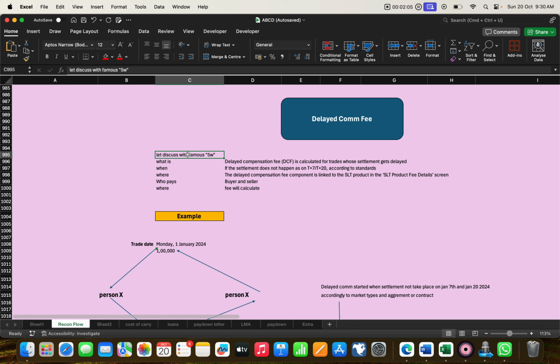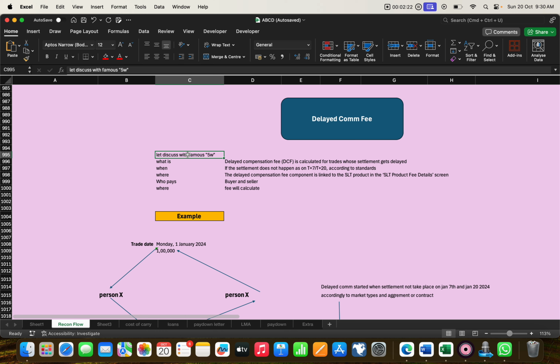Who pays? It will be paid by the buyer or the seller. It again depends on the contract, the agreement signed by the borrower and the lender.